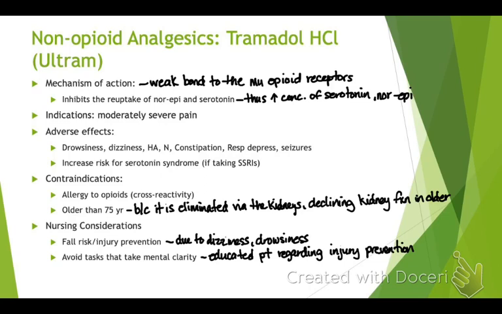Those taking drugs that lower the seizure threshold are at risk, because it is going to decrease the seizure threshold. So meds such as SSRIs, MAOIs, or neuroleptic medications. Other adverse effects: it can increase the risk of developing serotonin syndrome if it's taken with SSRIs. So that's also important to know.